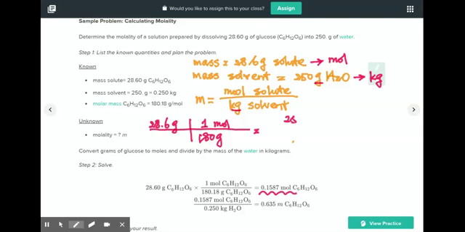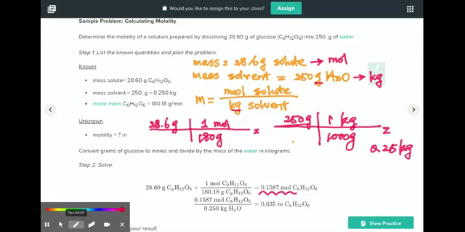And then how do you convert gram to kilogram? 250 grams, then convert to kilogram. 1 kilogram is equal to 1,000 grams, right? Multiply the top, divide by the bottom, 250 divided by 1,000, you get 0.25 kilogram.